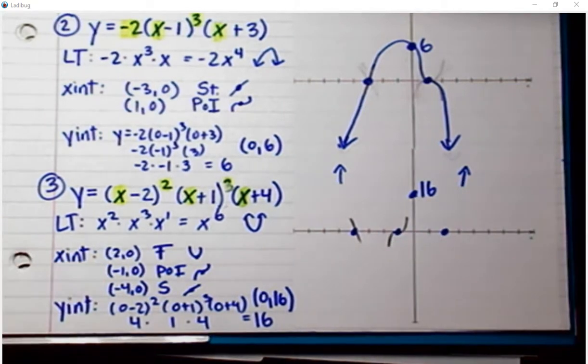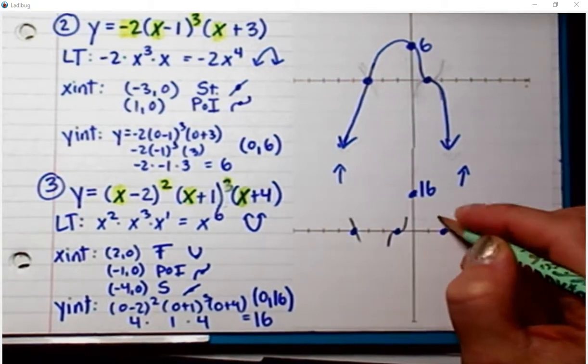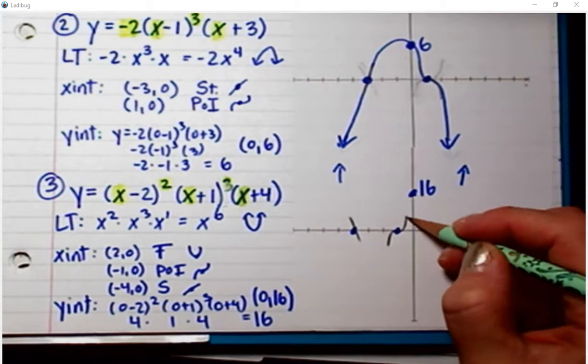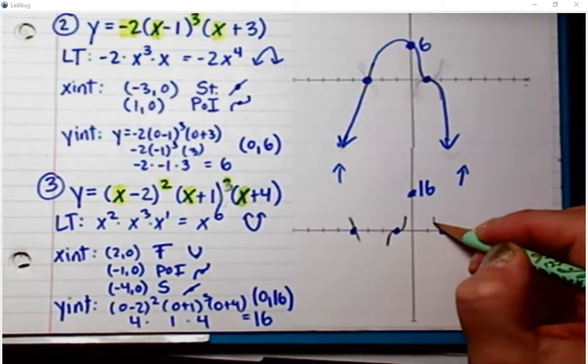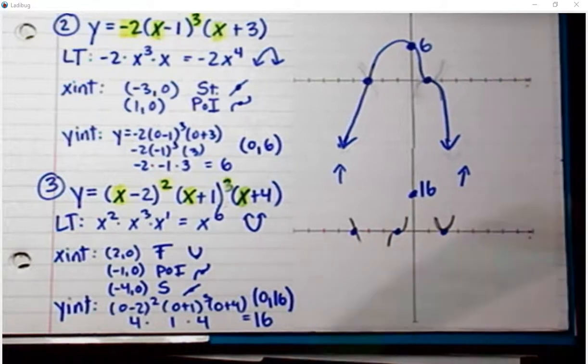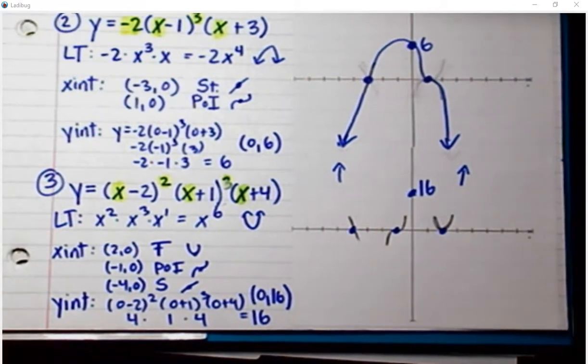Notice I'm kind of keeping an eye on what I think will work. Okay, and then the last one, notice that it's above. If this is above, then this is above. It has to start from where it came from. Okay, and it's easier to decide the shape first, because if you try connecting the dots before you decide the shape, it's going to look funky. Okay?